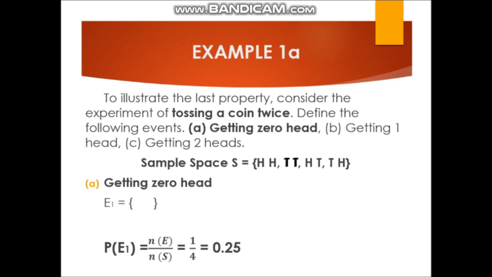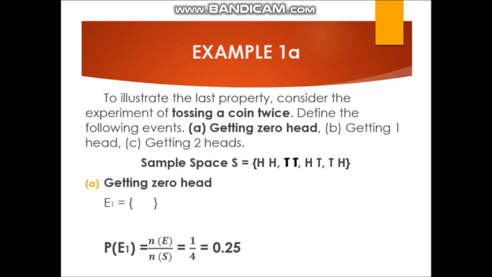Okay, so based on our discussion earlier, the number of sample space in tossing a coin twice, we have 4 elements in the sample space that are head-head, tail-tail, head-tail, and tail-head. So let us focus our discussion by solving letter A, getting 0 head in tossing a coin twice.